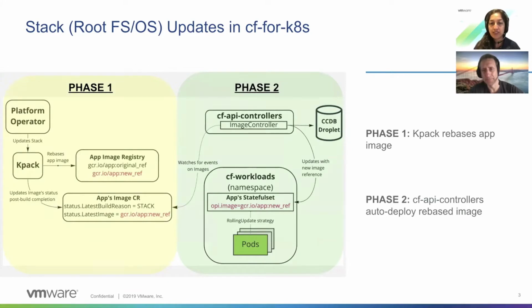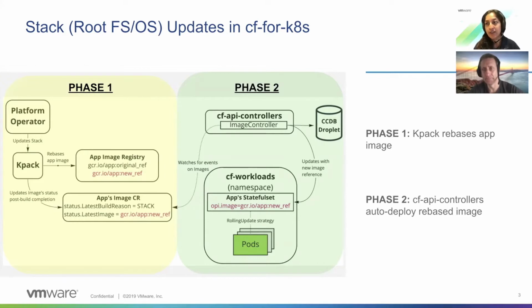Image controller will then take this new image reference and update the corresponding app StatefulSet with this new reference. And using the StatefulSet's rolling update strategy, each of the pods, which represents the app instances for the apps, will one at a time have this new image reference deployed in them.